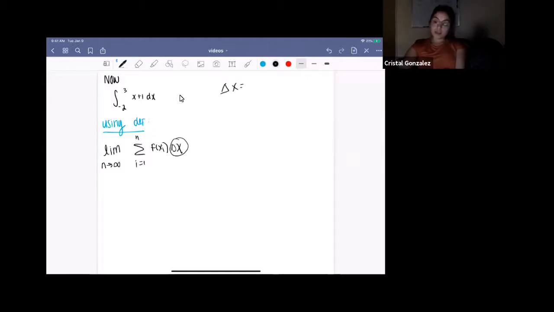The width is b minus a all over, oh, it shouldn't be b minus a over 2. It should be b minus a over n, sorry. My b value is 3, my a value is -2, so our width is going to be 5 over n, which makes sense because between -2 and 3, there's a distance of 5.